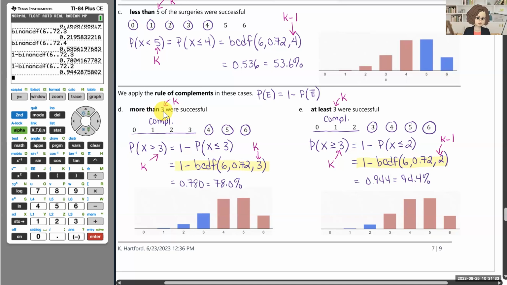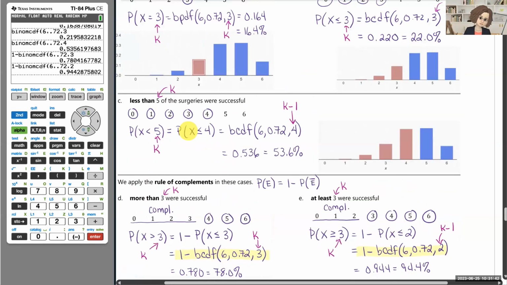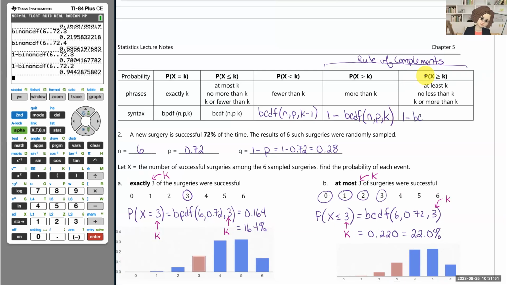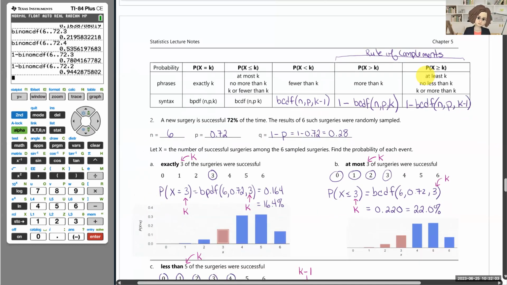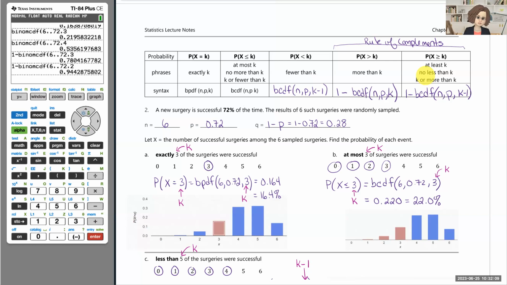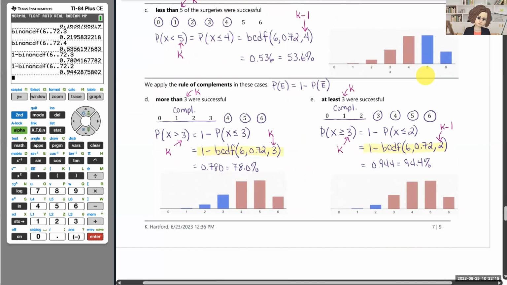For more than 3, 4, 5, 6, the complement ended at that value of K. But in the at least case, 1 minus binomial CDF, in the at least K case, the complement ends at K minus 1. All right. So that table at the top will give you a template to follow for the 5 different cases of finding probability.